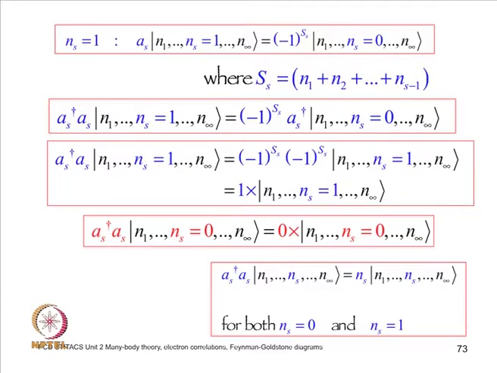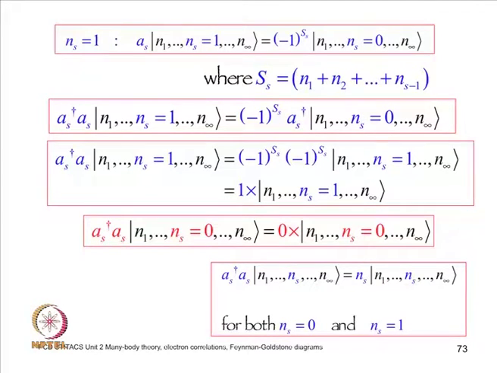Now, if you now operate by As dagger on As, okay, then if ns is equal to 1, this is what you get, because first you operate by As. So, you have destroyed this particle.